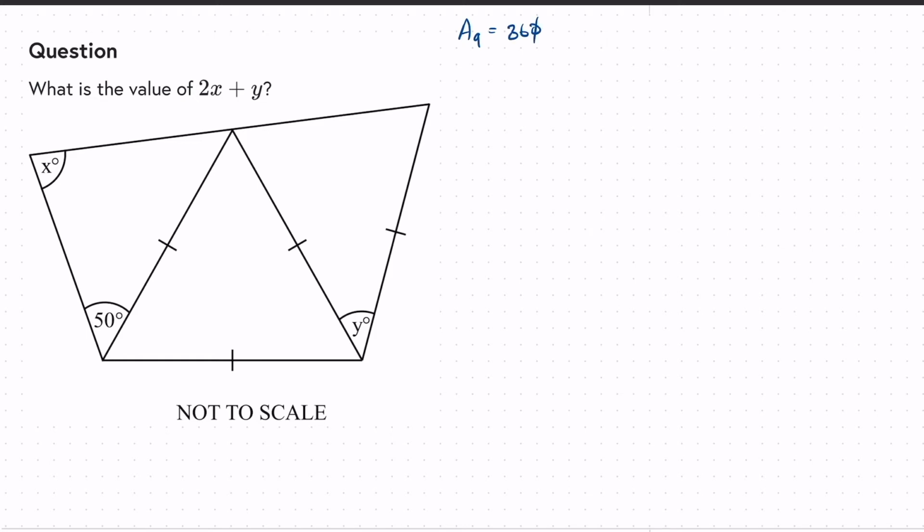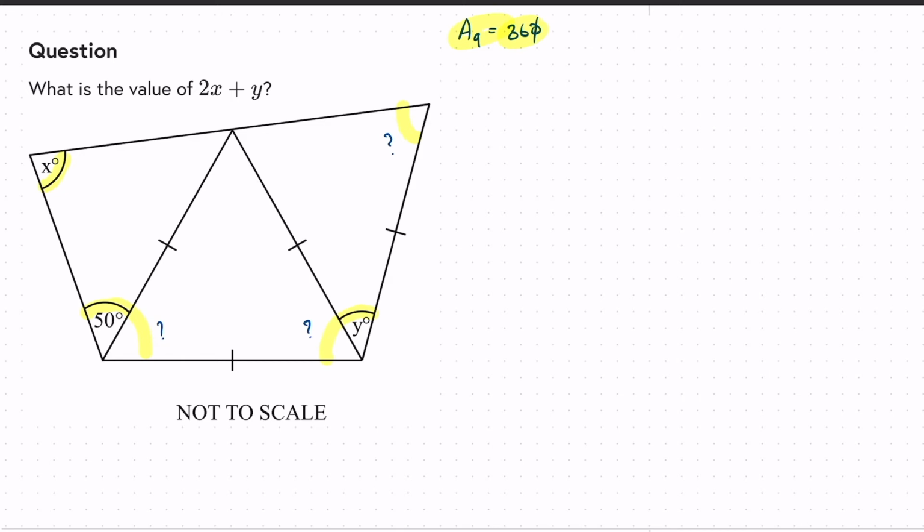So this angle, x, this angle here, and this angle here, they're going to sum to 360. So immediately I need to know what this angle, this angle, and this angle are.